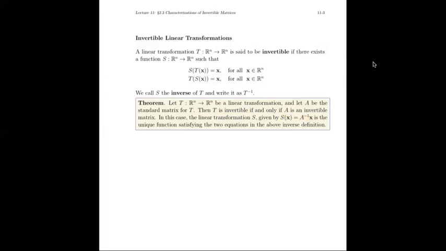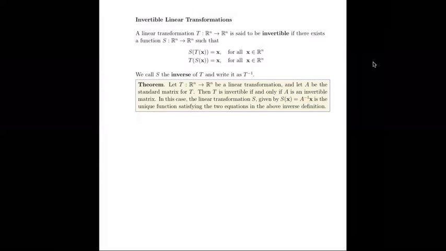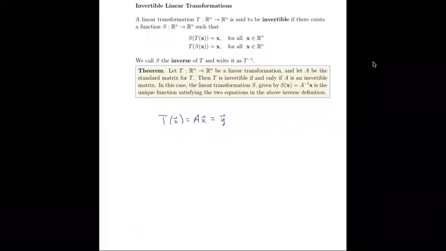That is not at all a surprise, because think about it like this. If we write down T of x, well, if it has standard matrix A, then the transformation T is just matrix multiplication of A times x. Now say this is equal to some image vector y. Now suppose we take y and we want to recover x from it.